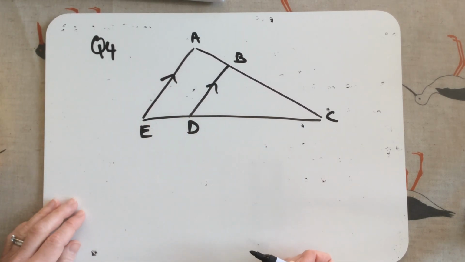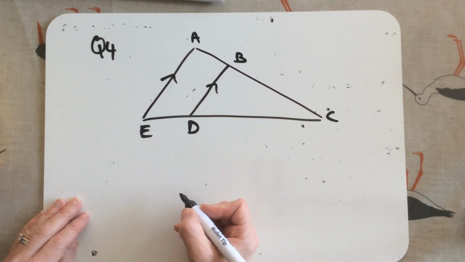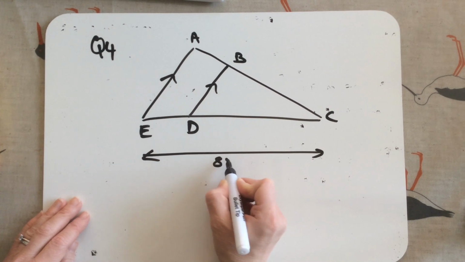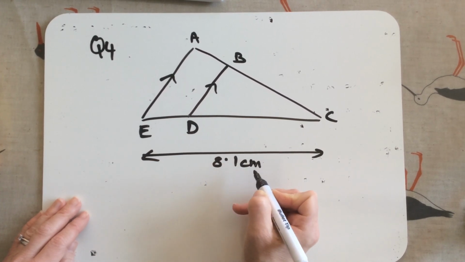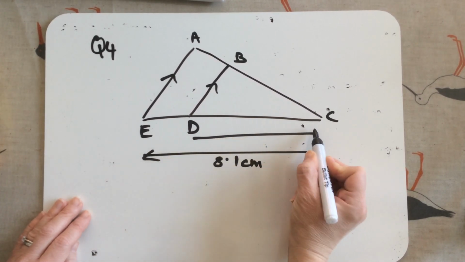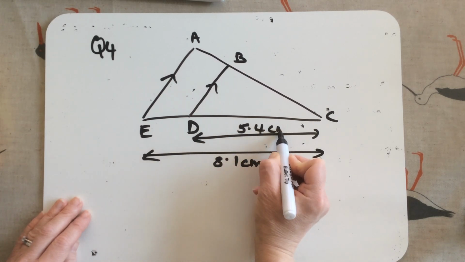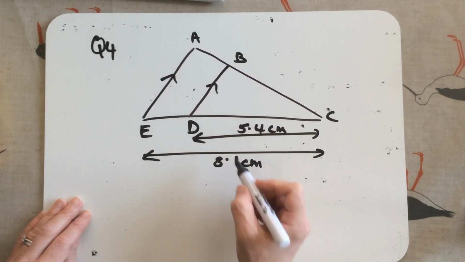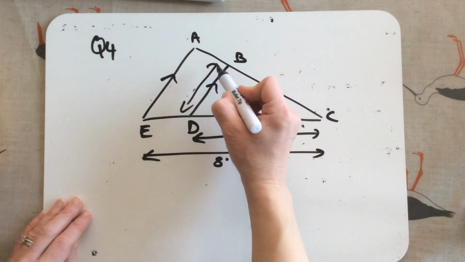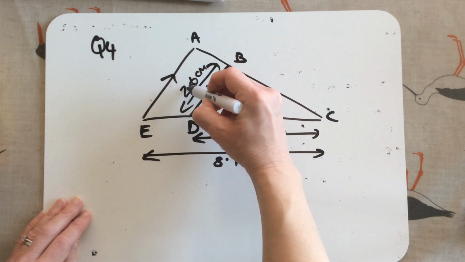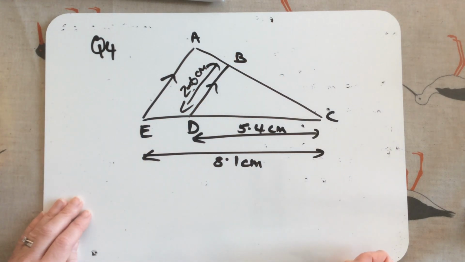And I'm told that EC is length 8.1 centimetres. DC is 5.4 centimetres. DB is 2.6 centimetres, and I have got to work out the length of AE.